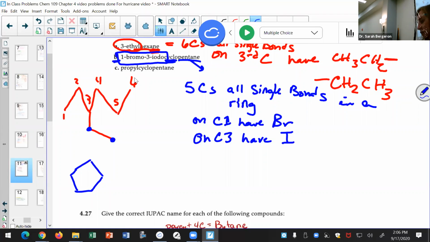But does it matter where I start my numbering? No, it doesn't matter. So start anywhere you want, whatever floats your boat. 1, 2, 3, 4, 5. Okay, so off of carbon 1, I have bromine, and then off of carbon 3, I have iodine.